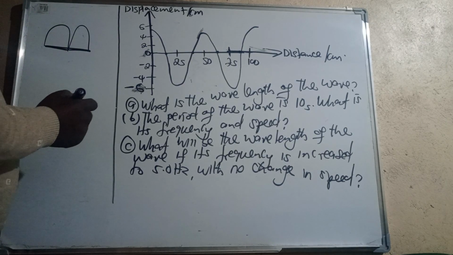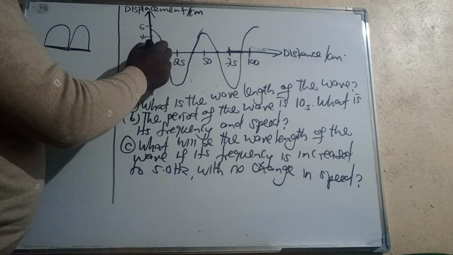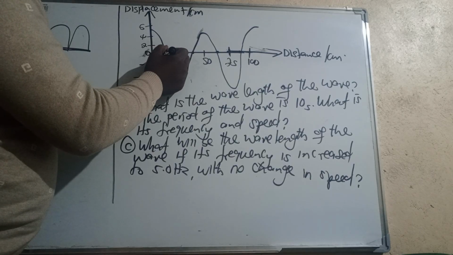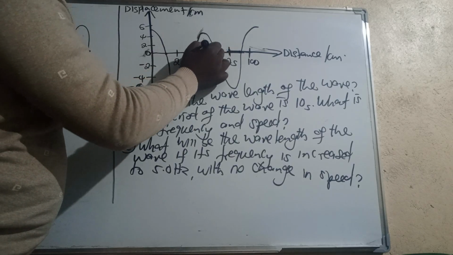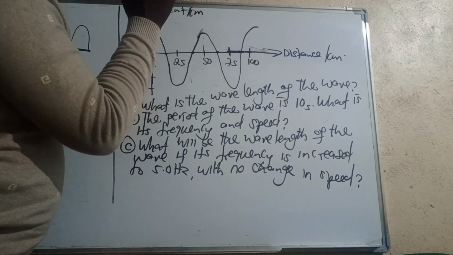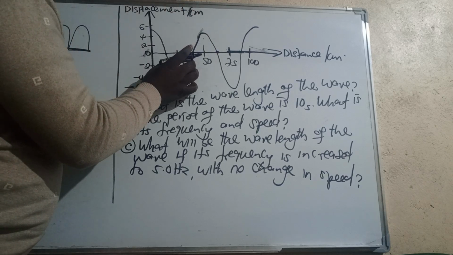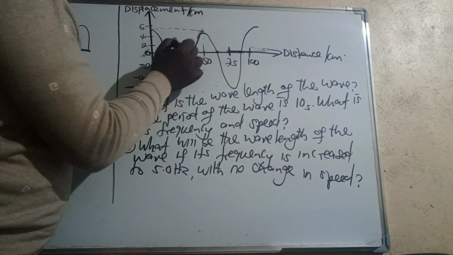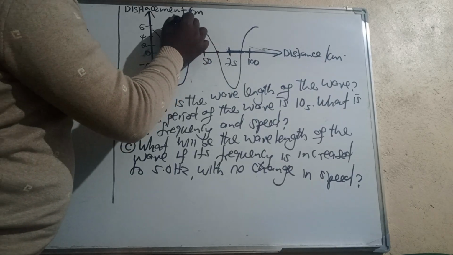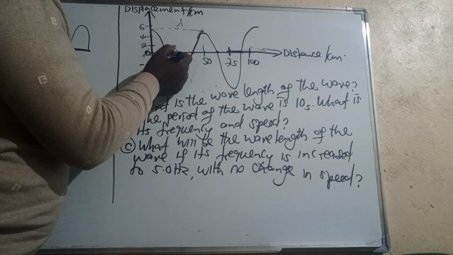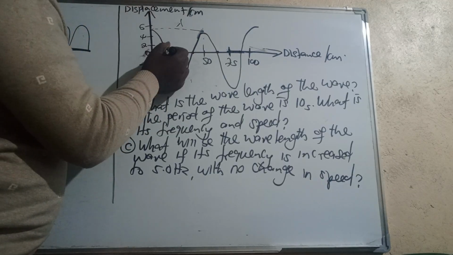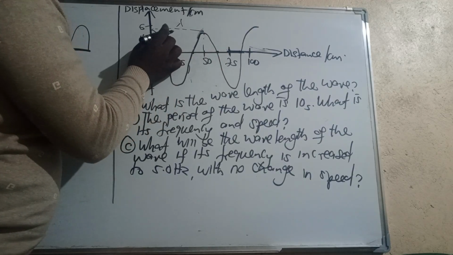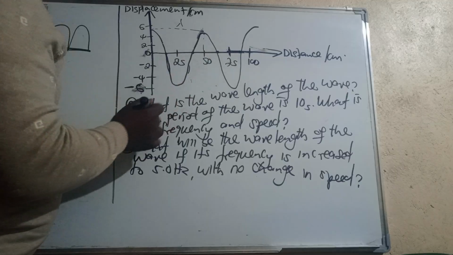Let us check here. This is like a quarter, and when you cut here, this quarter and this quarter make a half circle, then plus this one. So the distance from here to here is what we call the wavelength, the complete circle, because this half circle plus this other part make another half circle.